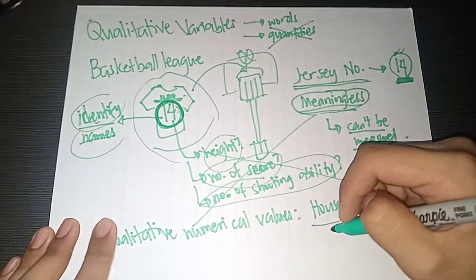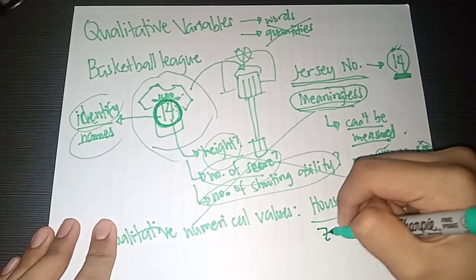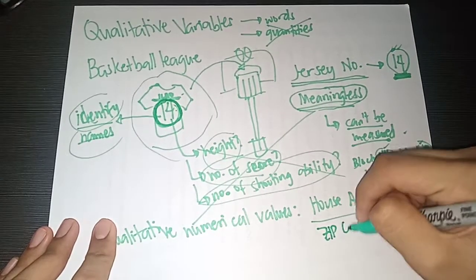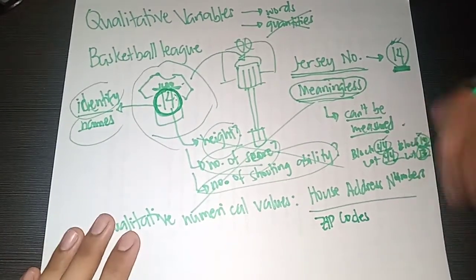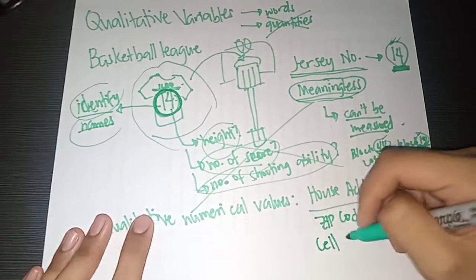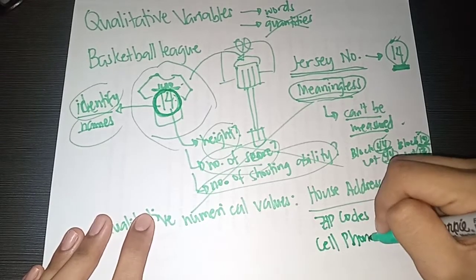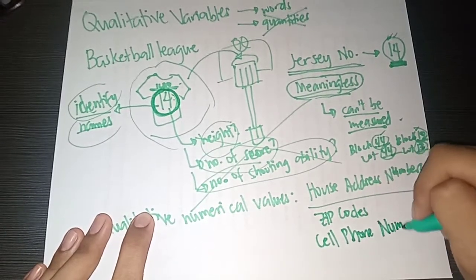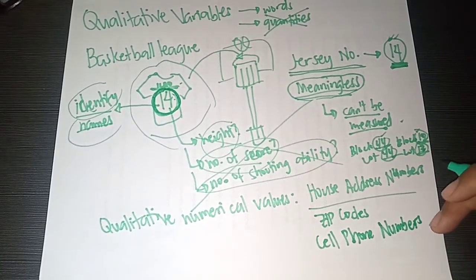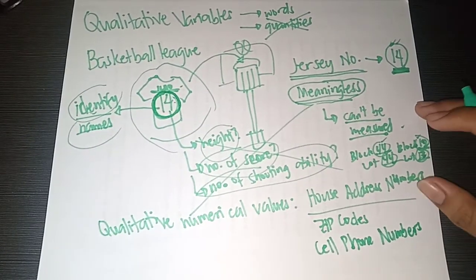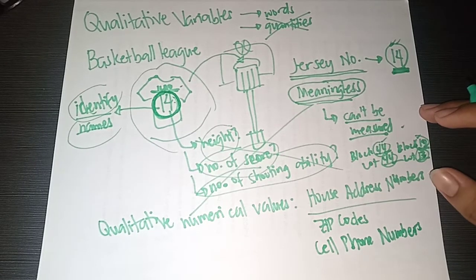Another example is zip codes, or the postal codes of a certain area. Let's say we have cell phone numbers or telephone numbers, because in reality you cannot compute cell phone numbers. They are just used to identify the user.